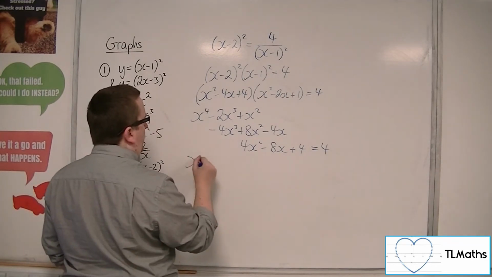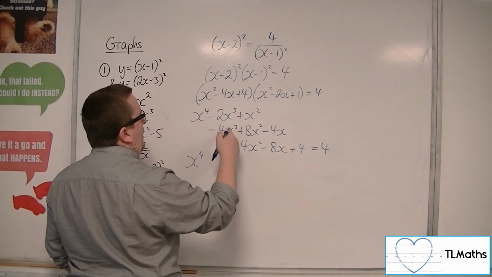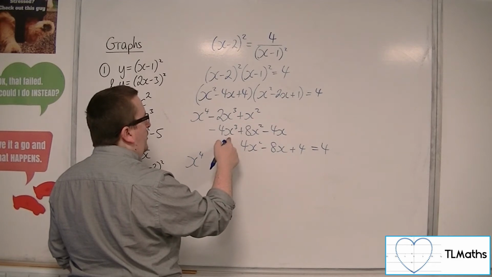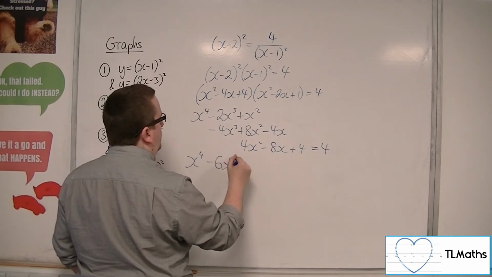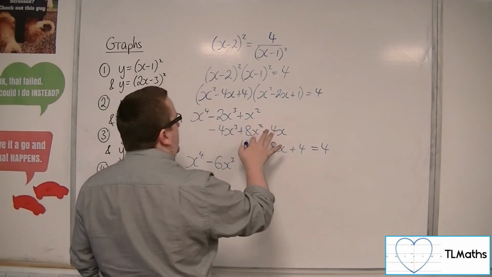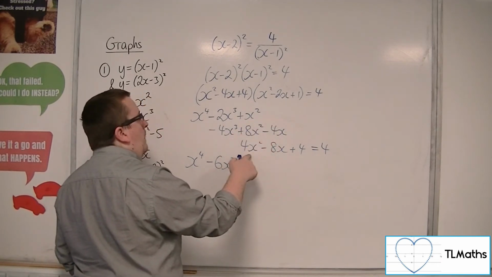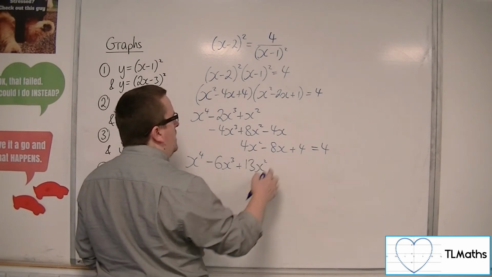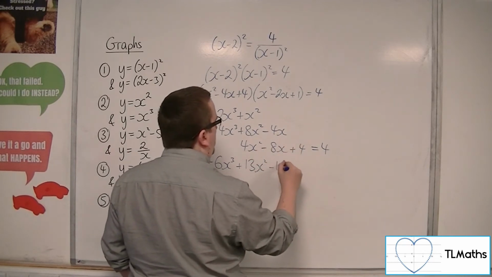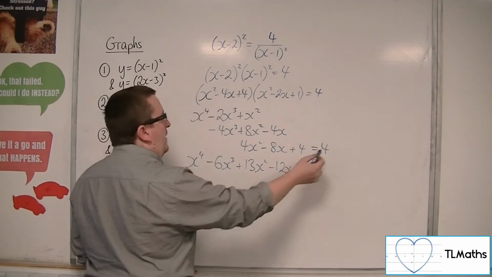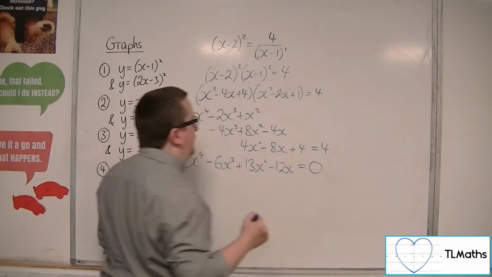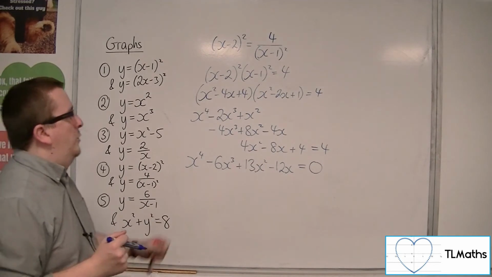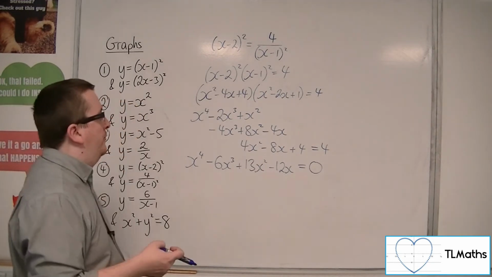So we're going to have x to the 4. Minus 2x cubed, take away 4x cubed is minus 6x cubed. x squared, 8x squared, 13x squared, like that. Minus 4x minus 8x is minus 12x. And then the 4s can cancel from both sides. So we now have this quartic to solve.